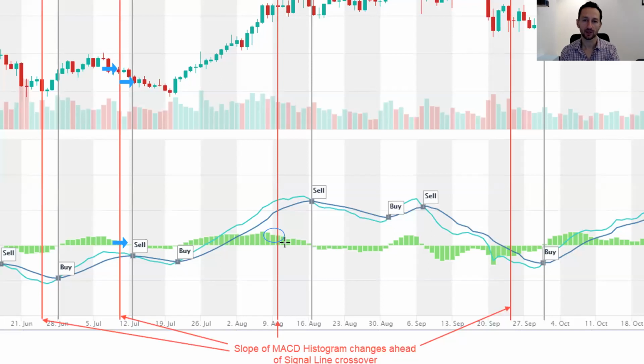That could indicate an inflection in the momentum, and indeed the price has gone flat. And so again, if we had sold here, or at least trimmed the position when the MACD histogram bars begin to decline, then we would have had a better exit point than if we had waited until the sell signal.